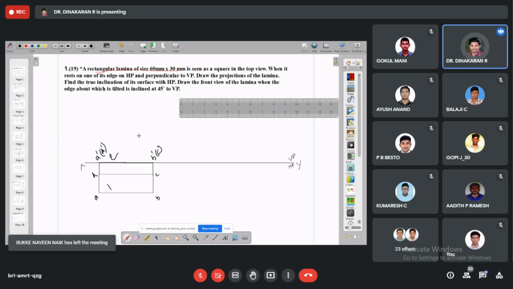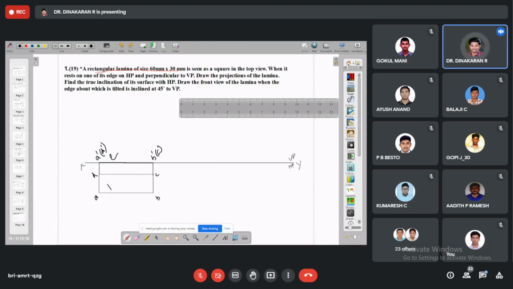The third step would be to draw a surface inclination, but in this question the surface inclination is not provided. Instead, the fourth step is given. In the fourth step, they told us it looks like a square. So how much is the shorter dimension? 30 mm.